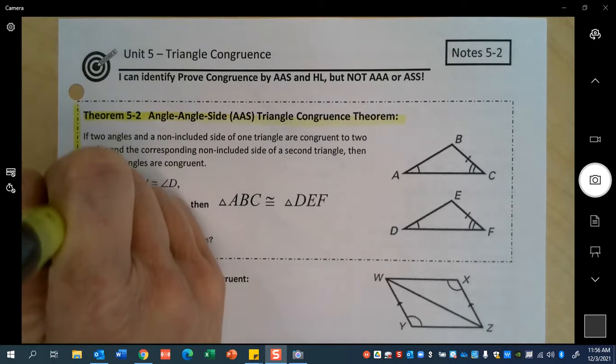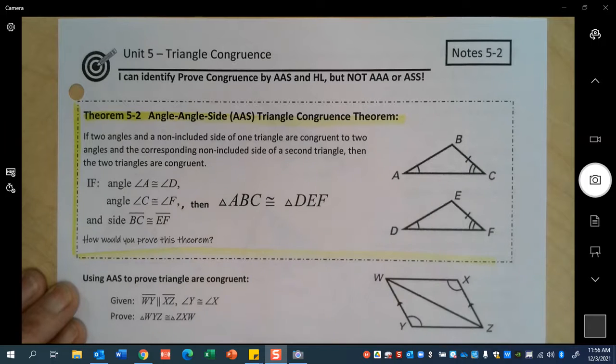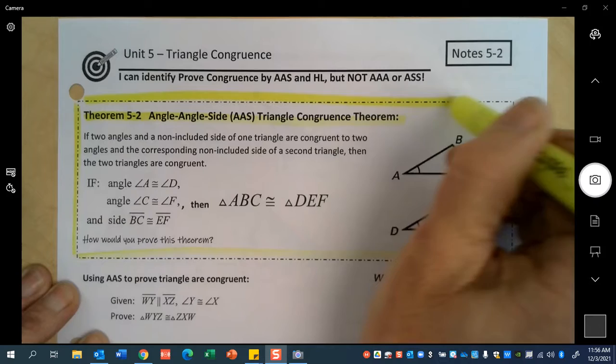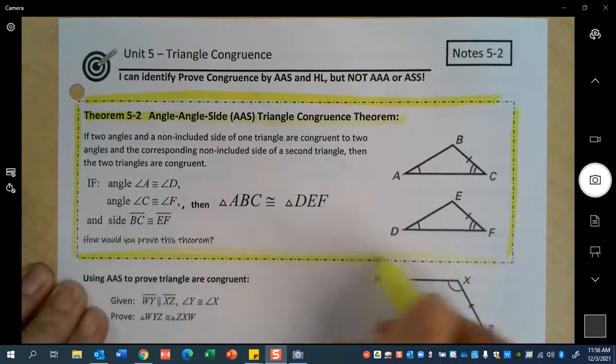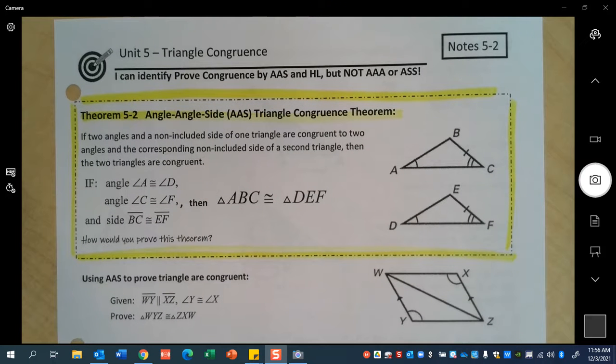Because if you can prove that two angles and one side of a triangle are congruent to two angles and one side of another triangle, nobody cares if that side is the included one.